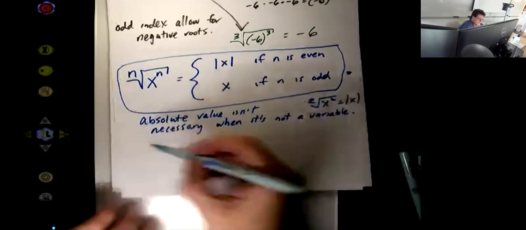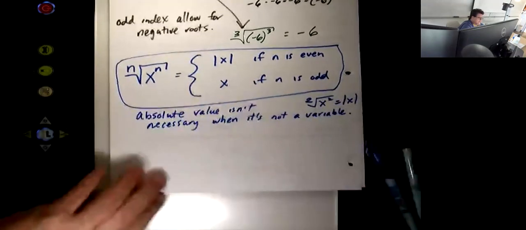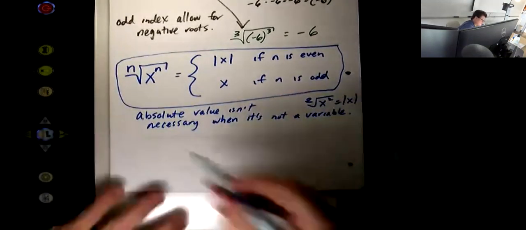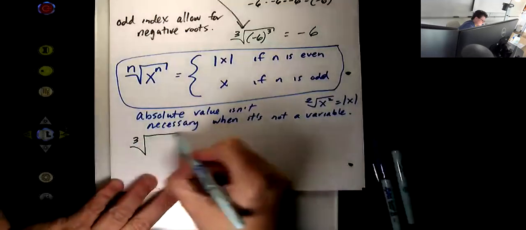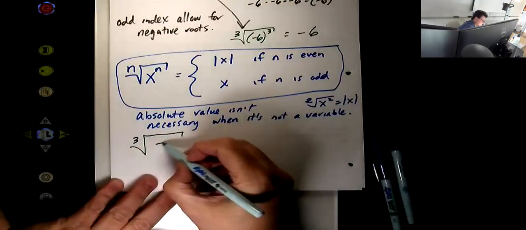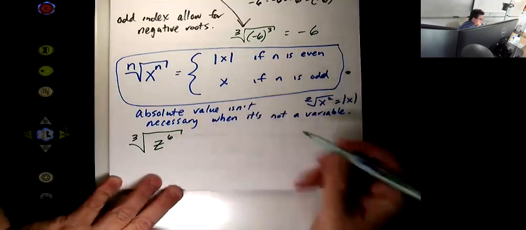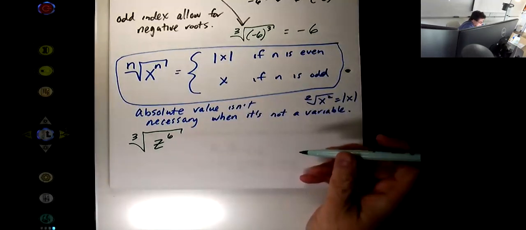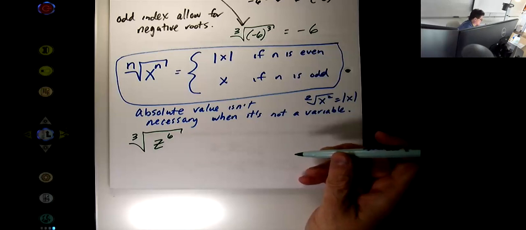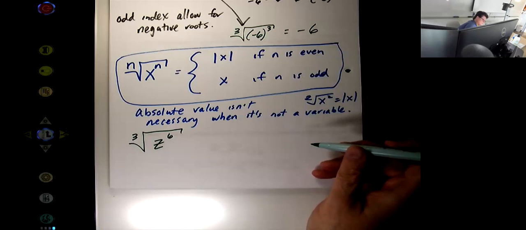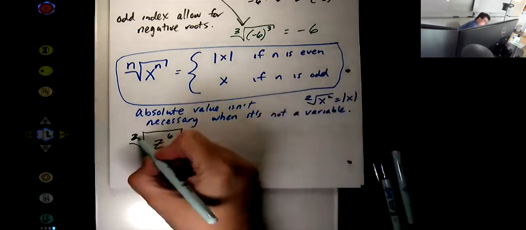But if I take the cube root of z to the 9th power, or z to the 6th power, let's do the square root.